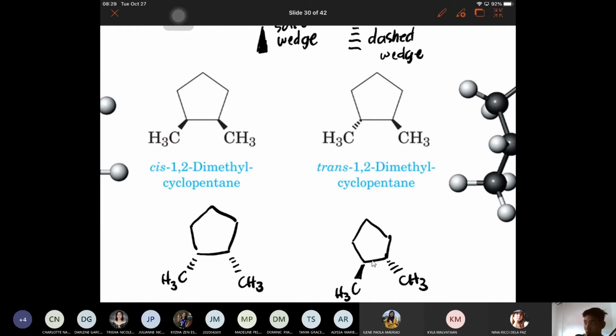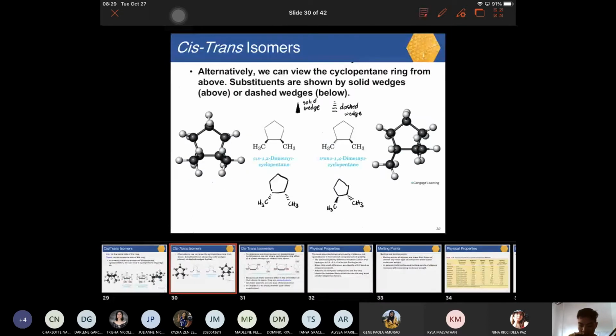Itong nasa right, this is pointing away from you. So this is another version of the trans isomer. It doesn't matter kung sino yung nasa front, sino yung nasa back. As long as magka-opposite sila ng direction, trans isomer yan. Pag same side, that is a cis isomer. Okay? So to practice on that, bago tayo pumunta dyan.